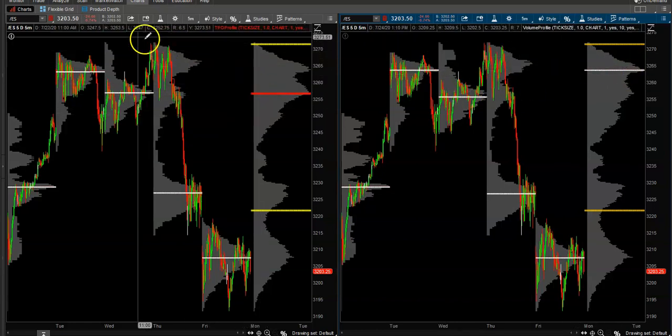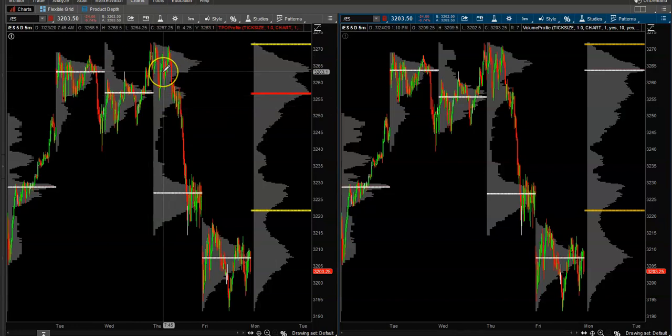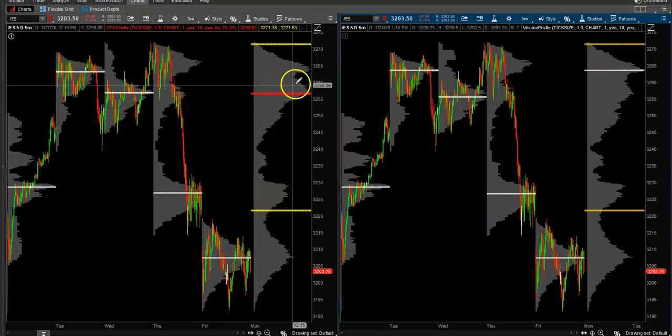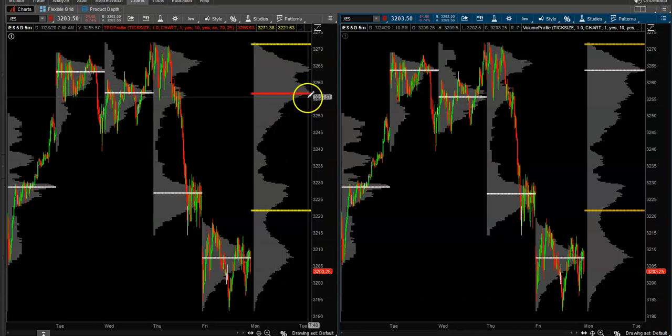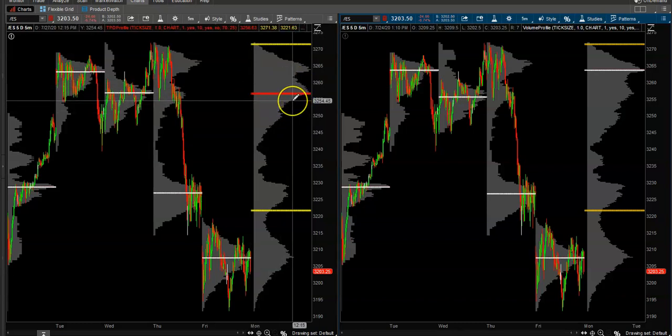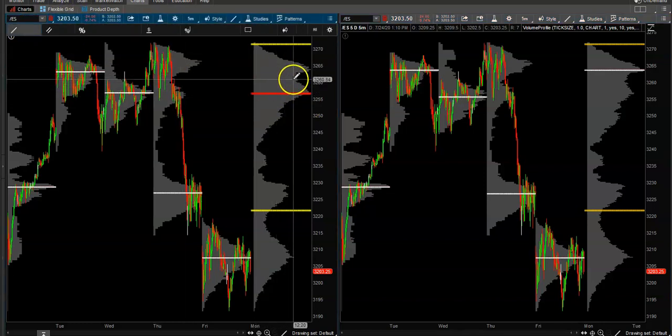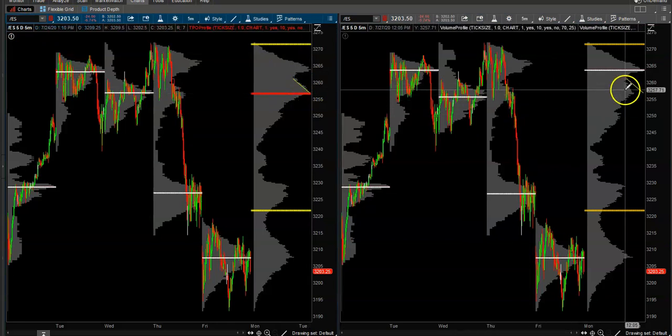Now, when we look over here at the TPO, the market profile, we actually see it's 3256.50 for the point of control, where the most volume has traded. Also, let's look at the different edges, right?